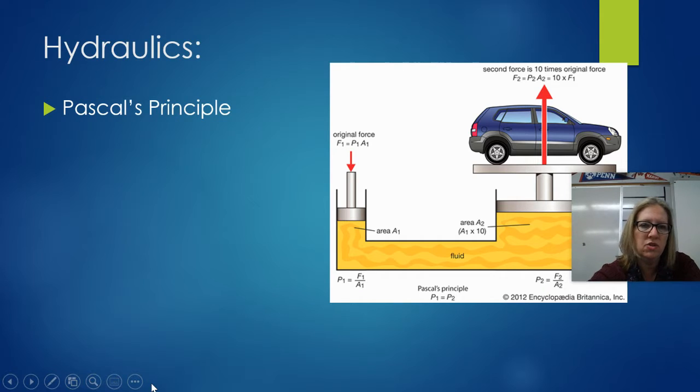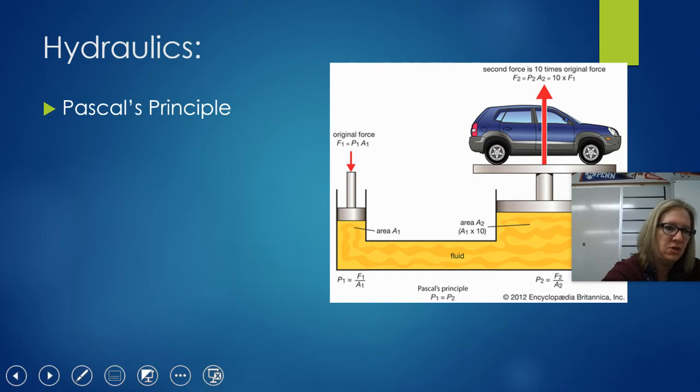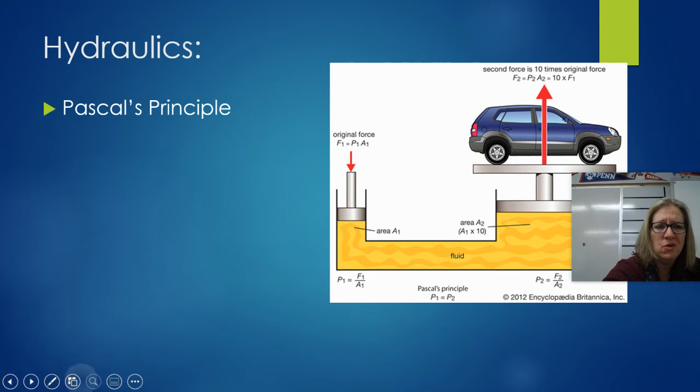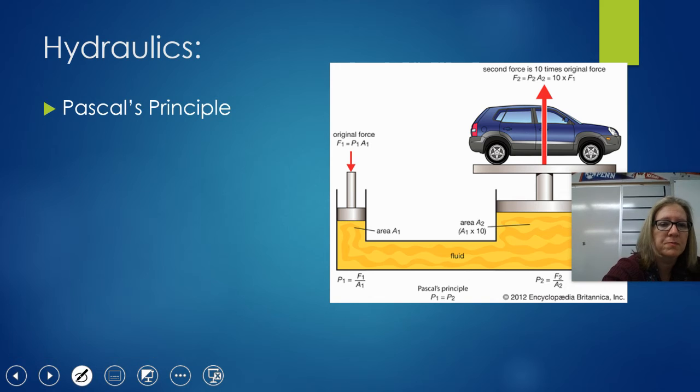So if I exert a pressure on this confined fluid. So hydraulics are basically tubes filled with a fluid, like a kind of thick liquid. If I exert a pressure on that confined fluid, Pascal's law, or Pascal's principle, tells me that that pressure is going to be spread throughout all of the fluid.